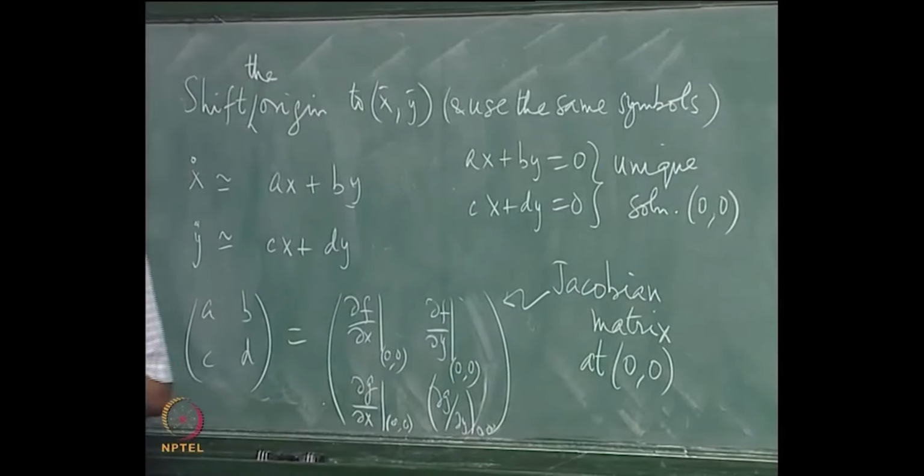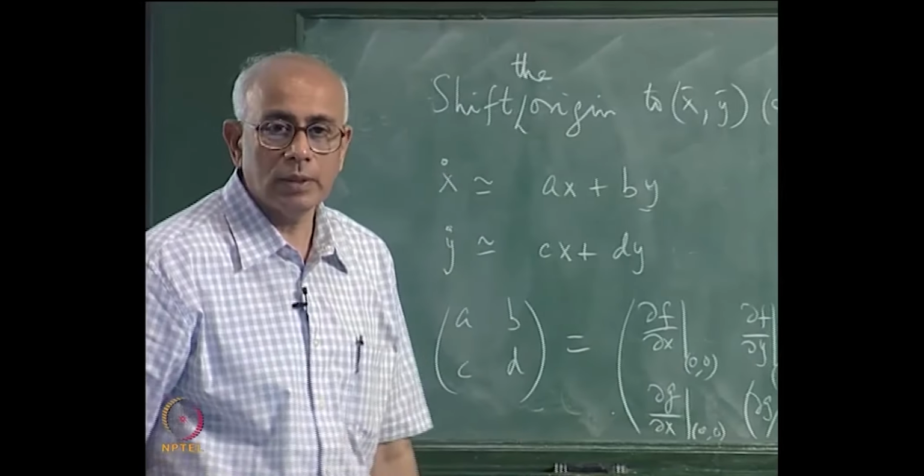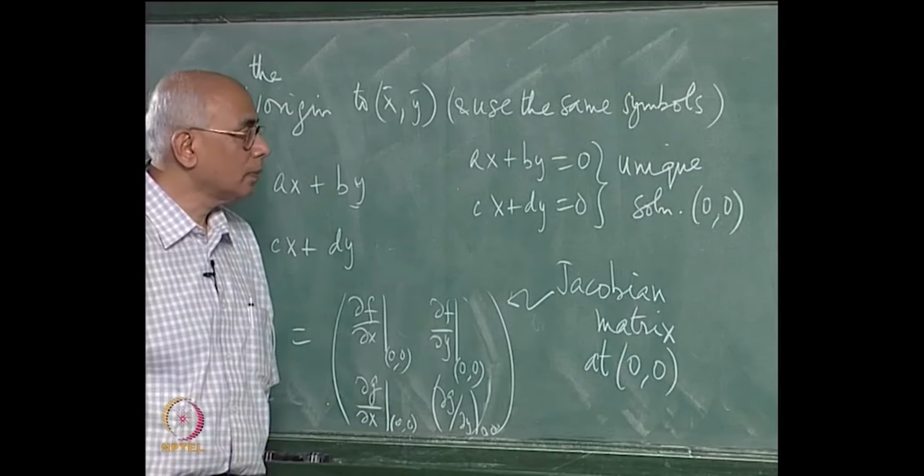In other words, I said this set of simultaneous equations has only a trivial solution (0, 0). When is that true?